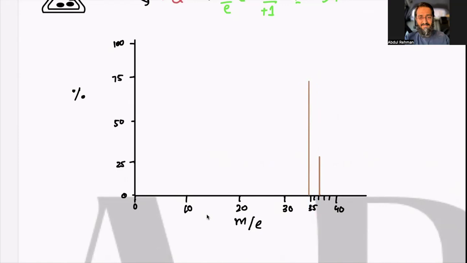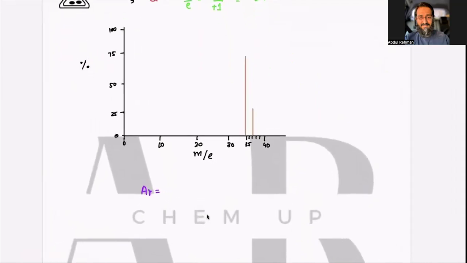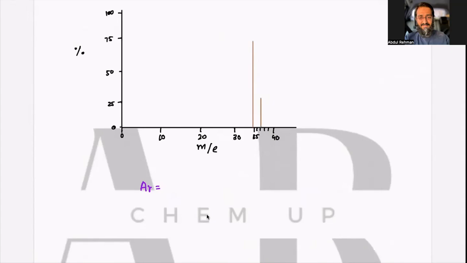Okay. And from these results, we will calculate the relative atomic mass. So how will we calculate the relative atomic mass? We are going to take the isotopic mass times its abundance.